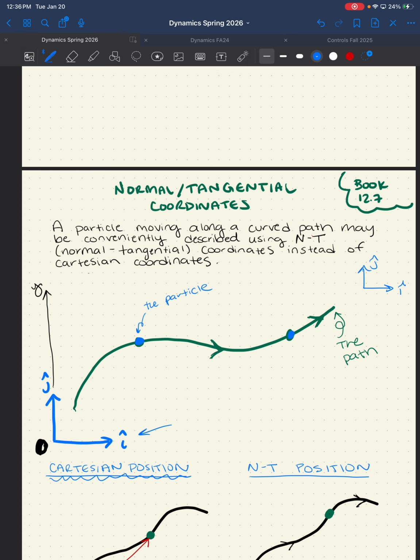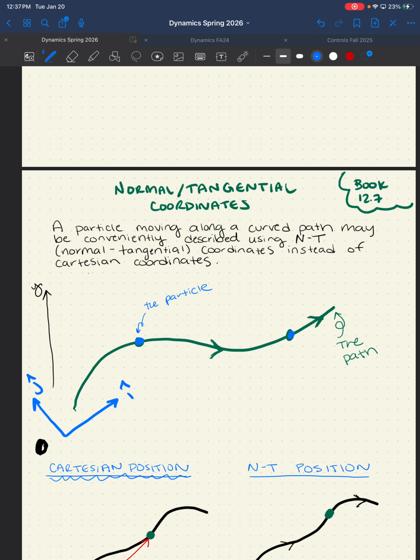I could have also chosen a tilted Cartesian coordinate system. Might be a little bit of an odd choice, but it would be equally valid if I had said, I'm going to choose i hat here, j hat there. That's still a Cartesian coordinate system, as long as we have the understanding that that coordinate system stays put.